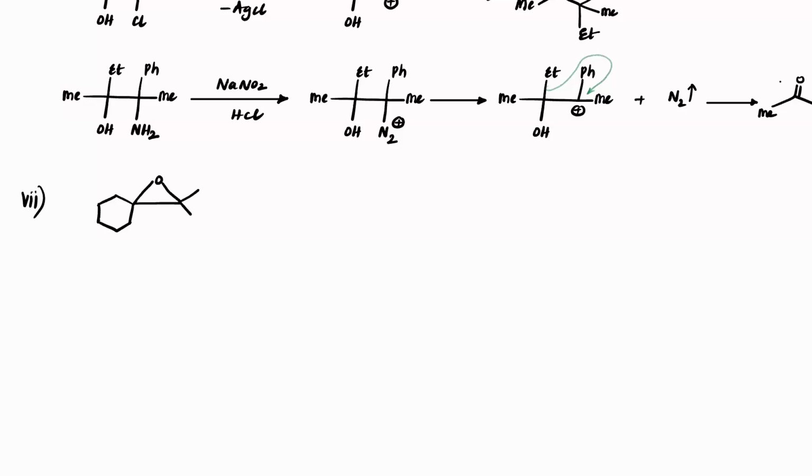When you have this epoxide and you react with concentrated H plus, first protonation will take place. So we will get H plus here. Now the bond will break on one side here like this.